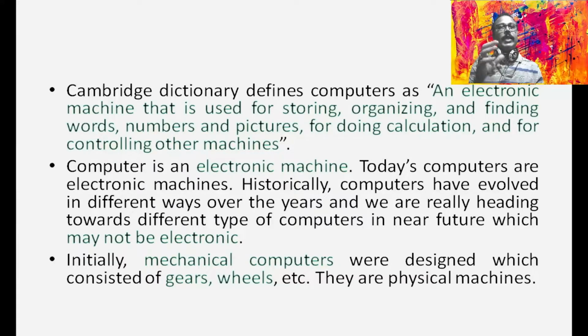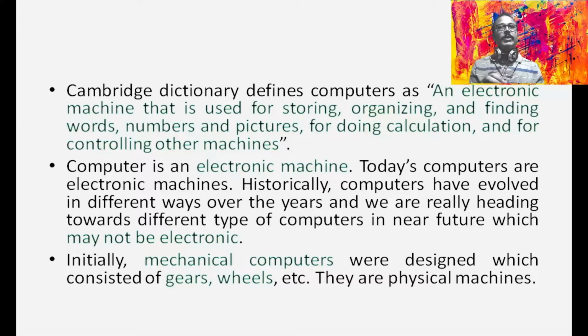After that, electronic machines, where the different parts make use of very low power. As the power requirement decreases, the size of the device decreases. That's why now you can see the computer on your desktop.